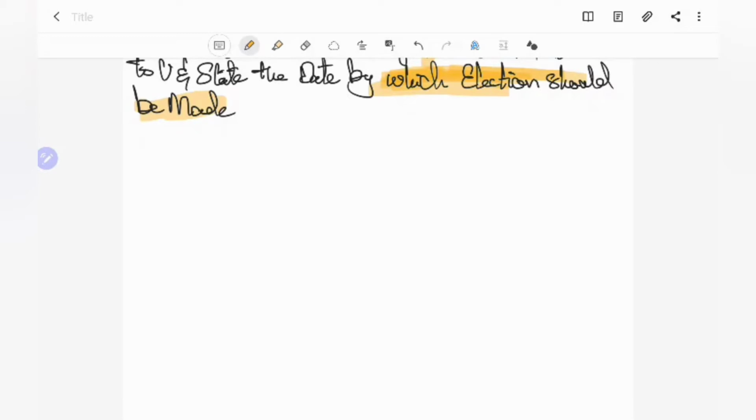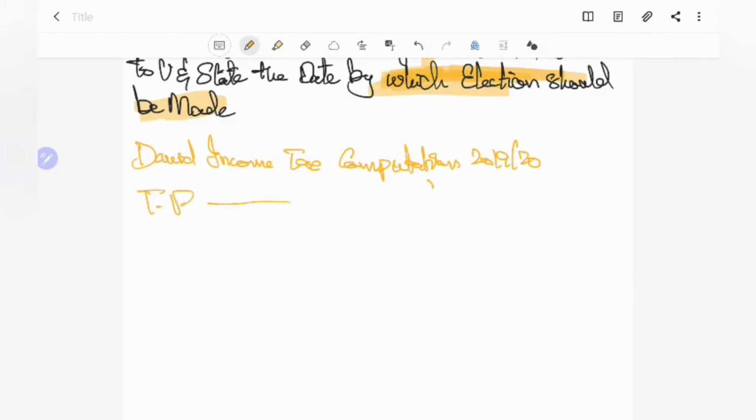So here it is. First of all, I will compute David's income tax computation 2019-20. Firstly, it's trading profits of 10,000, right?